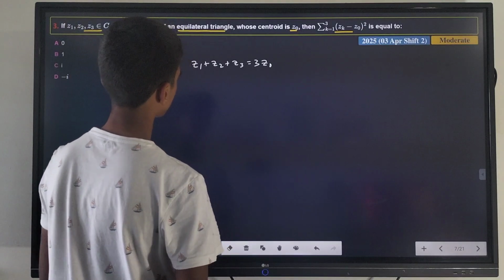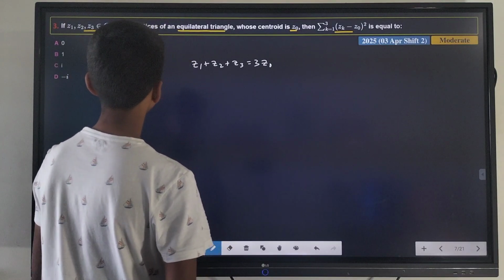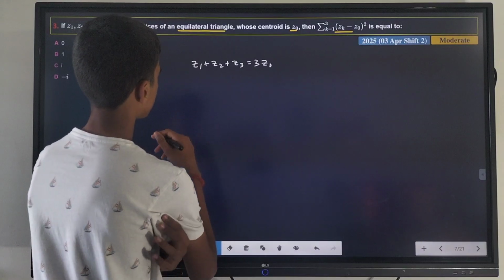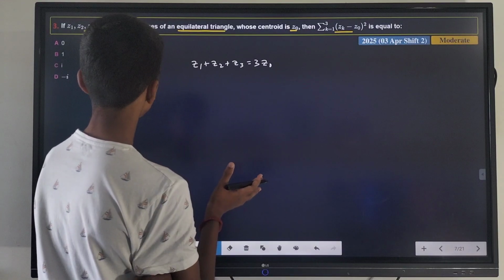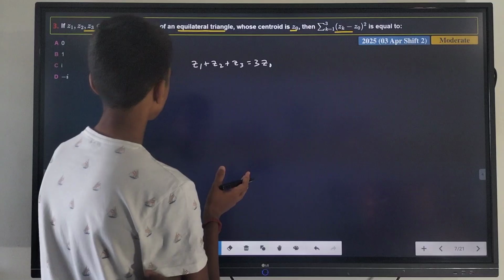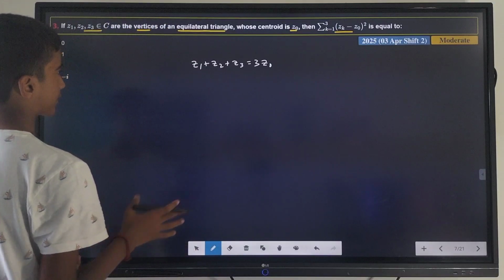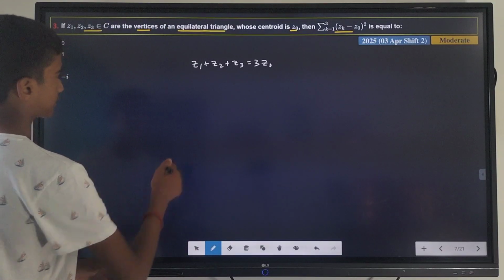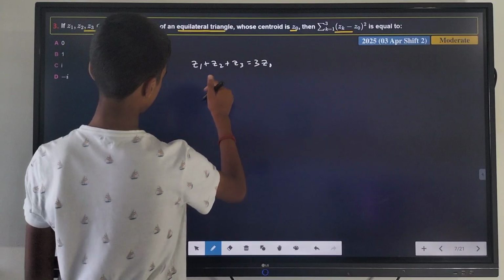So this is an equilateral triangle, so all the sides will be same. Also we have one more property in complex numbers for an equilateral triangle. So first let's square this.